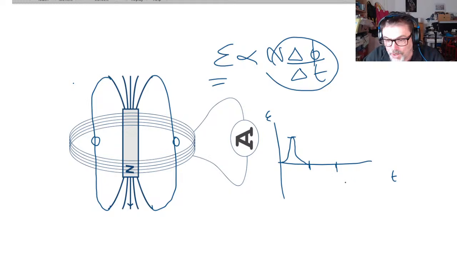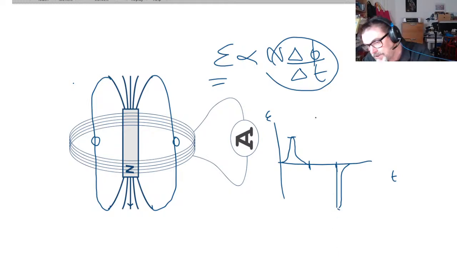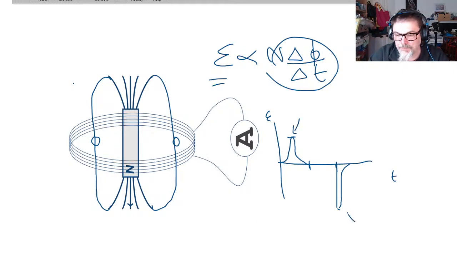And then the coil comes out the other end, but it's moving faster. So that means that the peak is not only bigger, but it's also thinner, because the whole thing's coming out quicker. And it's also negative, because we were building the flux up and now we're decreasing the flux. So you get a really interesting couple of spikes here with a flat bit in the middle.